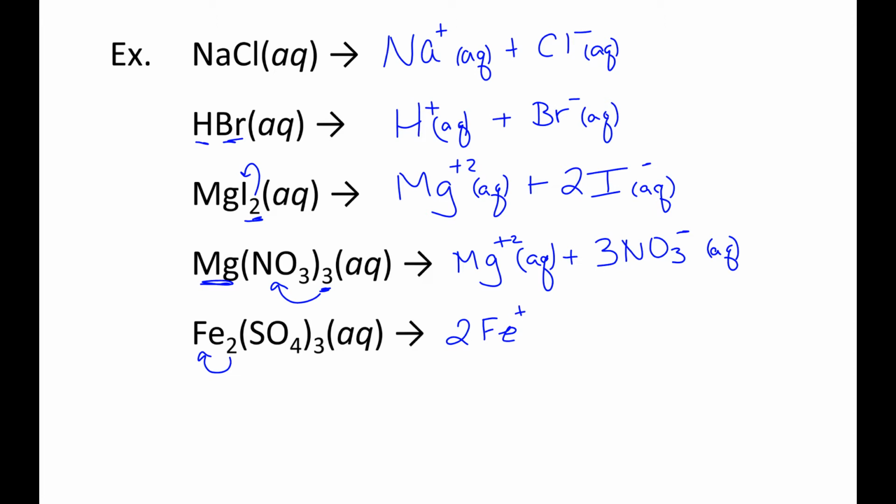In this case, there's a 3 outside the parentheses, so that means this has a +3 charge. Now your SO4, there are 3 of those, so there's going to be a 3 SO4, and SO4 has a -2 charge.